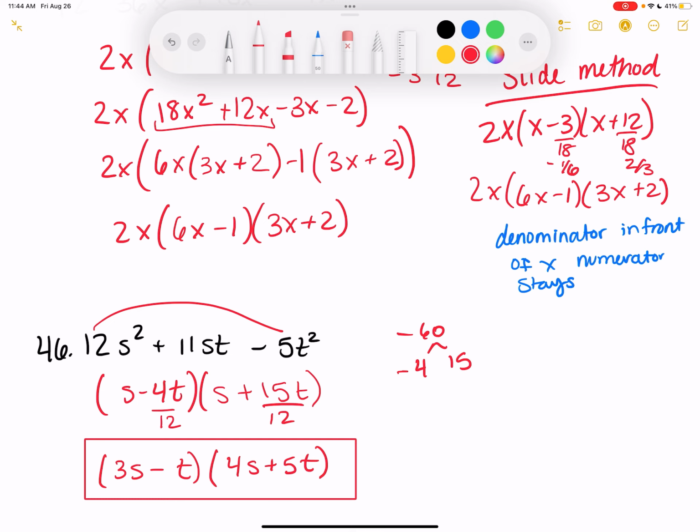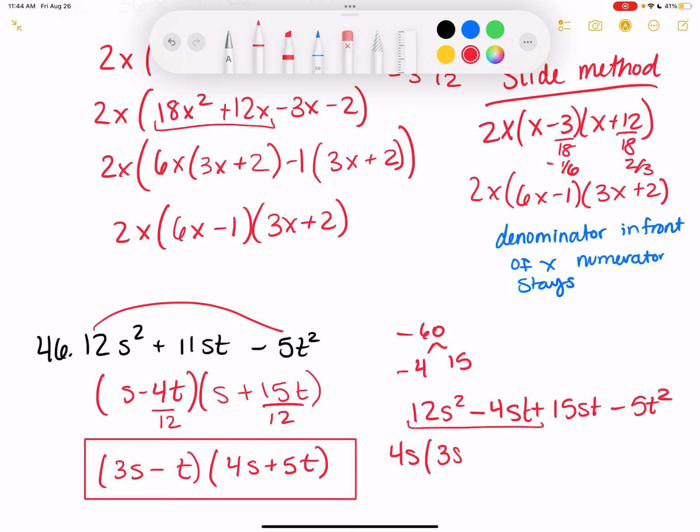I did it the normal way and I stood it. Okay, hold on. I'm going to do the normal way for you. 12s squared minus 4st plus 15st minus 5t squared. So you can take out a 4s.